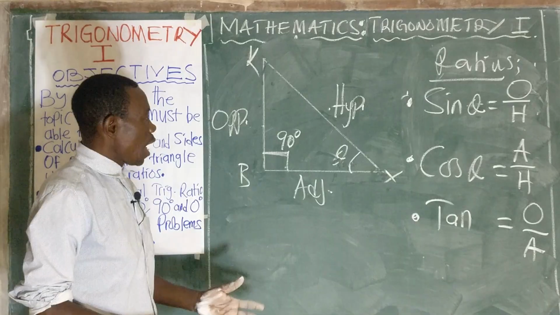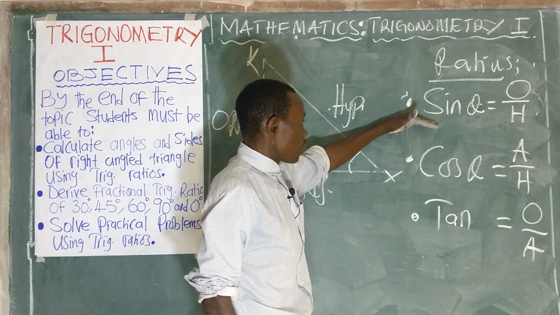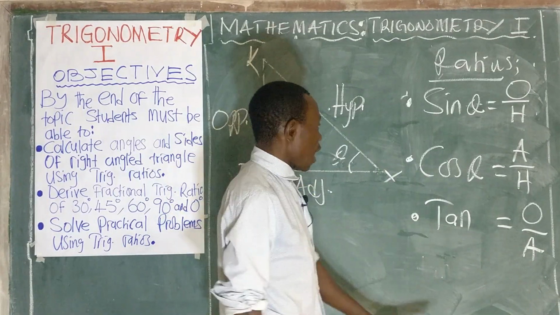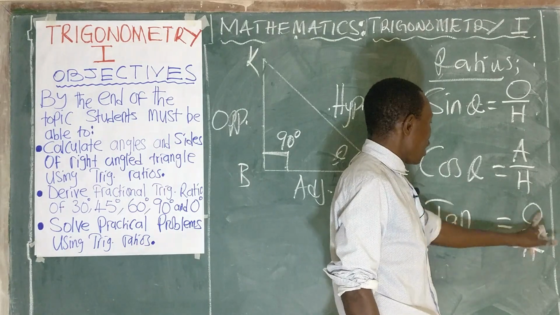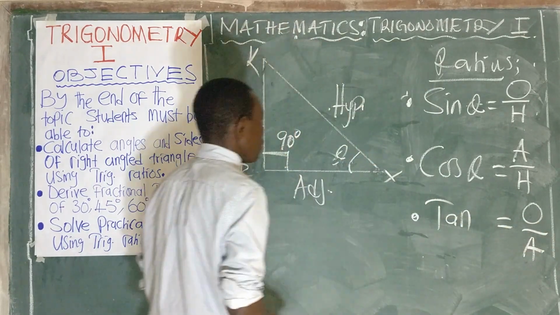You can now produce a name from this. The first ratio is the sine, the second one is cosine, the third one is tangent. If you can't forget the ratios, opposite over hypotenuse, adjacent over hypotenuse, and opposite over adjacent, you can consider the letters only.